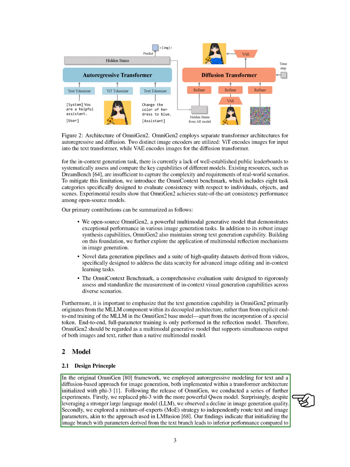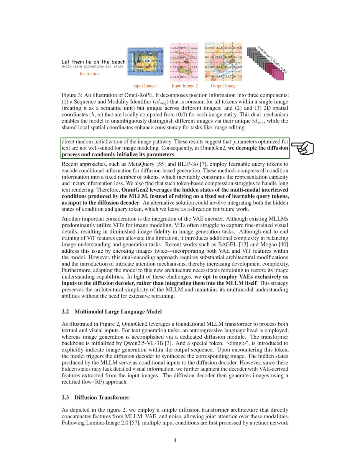Our findings showed that initializing the image branch with parameters from the text branch resulted in poorer performance compared to random initialization of the image pathway. This suggests that text-optimized parameters are not suitable for image modeling. As a result, in OmniGen2, we decouple the diffusion process and randomly initialize its parameters.